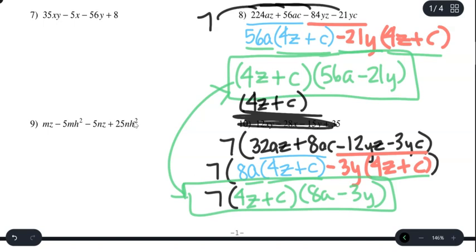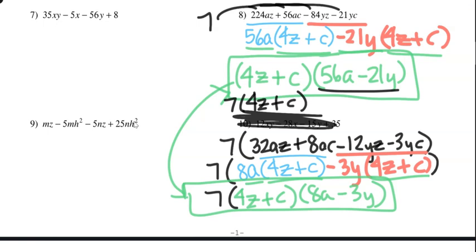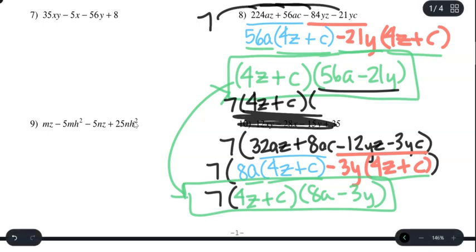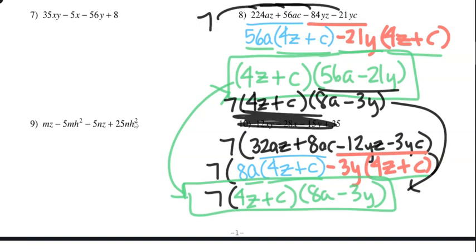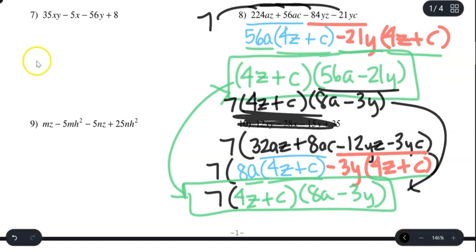I can pull the 7 out of here, and the 7 can go in front. Remember, multiplication is commutative. I can multiply in any order I want. And that leaves me with 8a minus 3y, which is the same. So it's always easier if you factor the greatest common factor out first. So that's the way you factor by grouping.